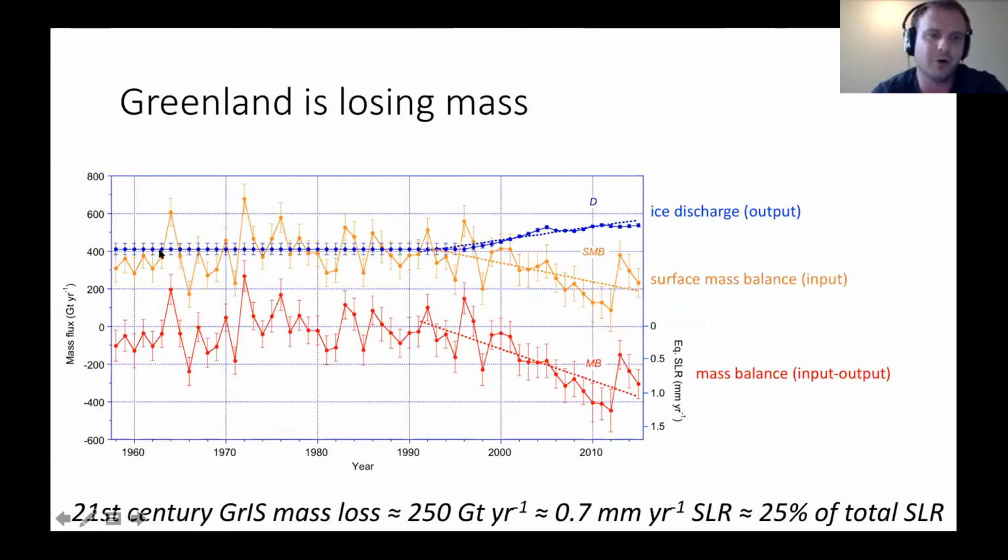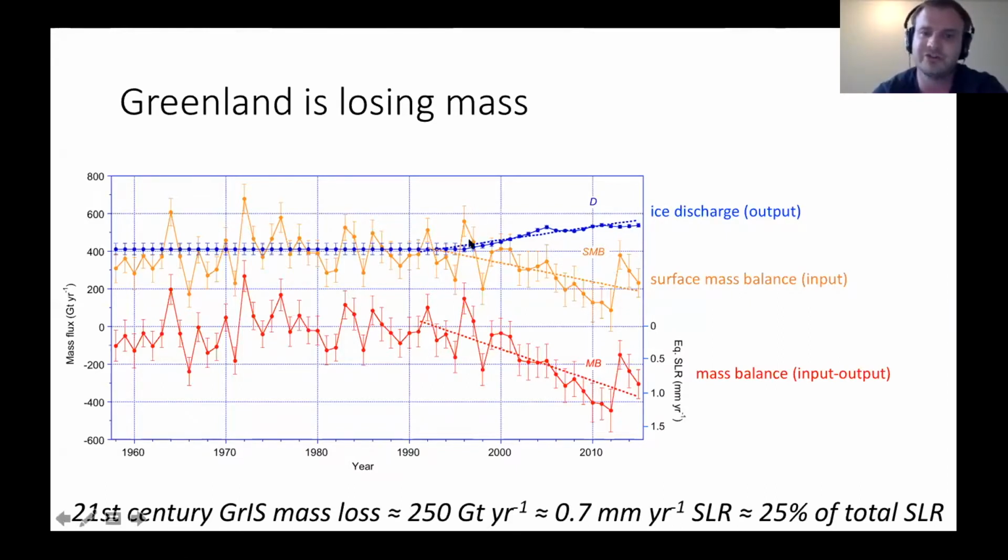And the orange line, which is the mass input, we call that the surface mass balance. And this is basically the main variable we're looking into. And you can see if you compare the orange and the red line, that the variability and also the trend is very, very comparable, which means that much of the mass balance is governed by surface mass balance.